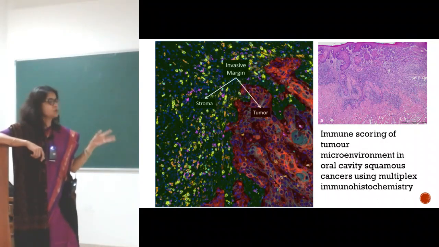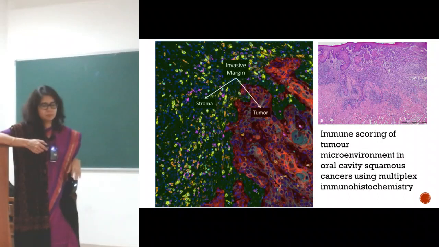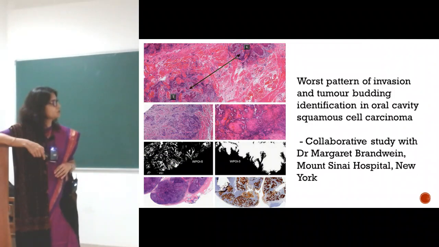Based on the immune score, the patient's prognosis is going to be different. That is the hypothesis, and that is what our study has also shown. And we have used computational techniques to get this score. This is still research. We are expecting that this will come into routine diagnostics soon.